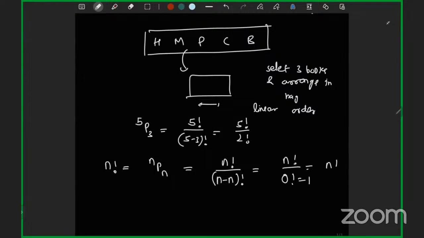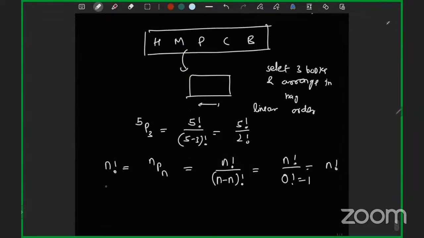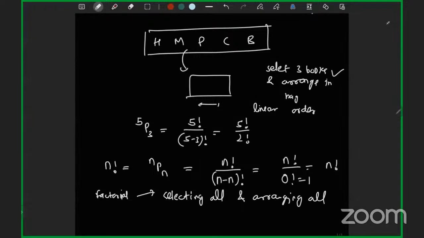So that's why this n factorial will come up. So basically, factorial means arrange all the things. We are selecting all the elements or all the objects. It's selecting all and arranging all also. That's what factorial means. Okay.